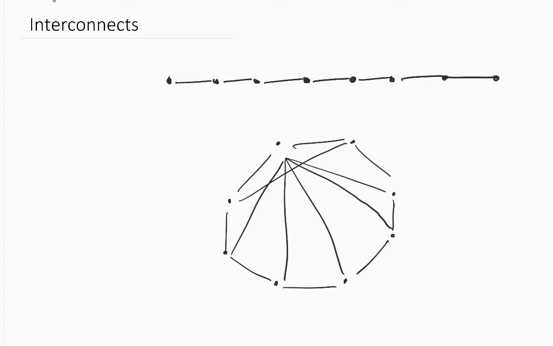You get the idea. I'm not going to draw the whole thing, it's going to become very messy, but you get the idea of what a fully connected network is. Every node is connected to every other node.